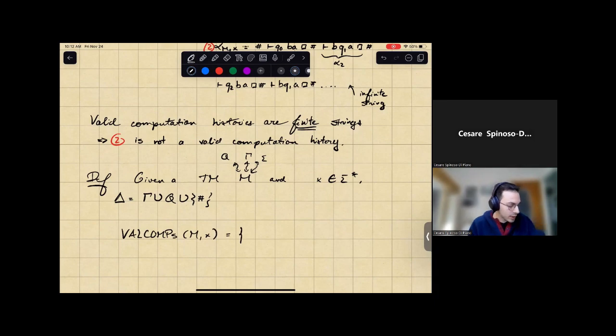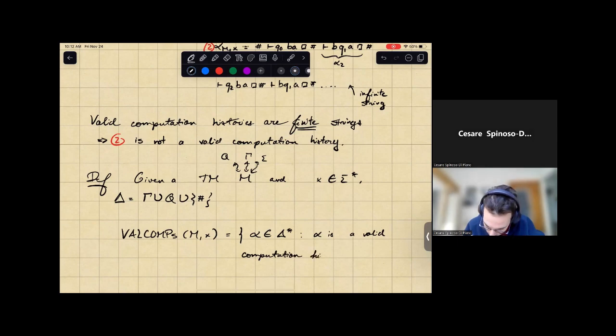And in this case, we define this as the collection of strings alpha over the alphabet delta, where alpha is a valid computation history of M running on X.